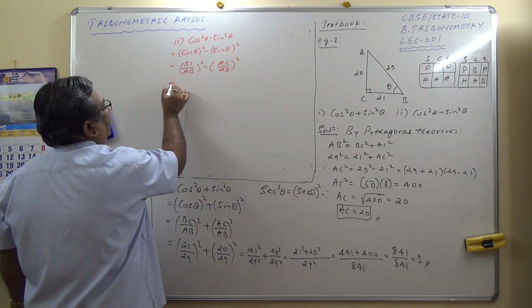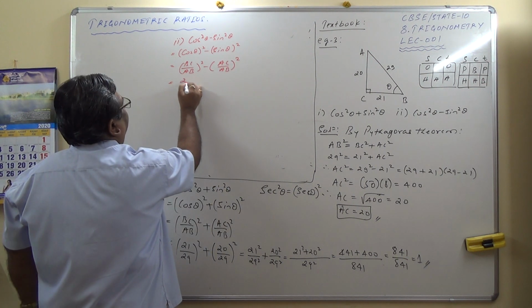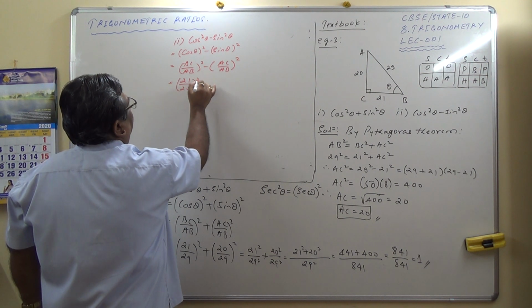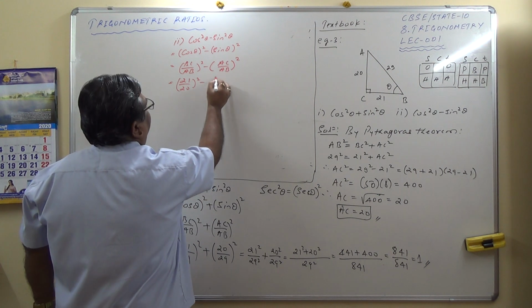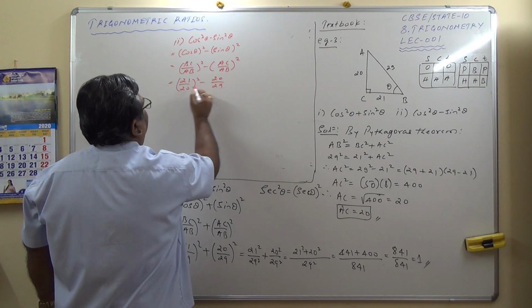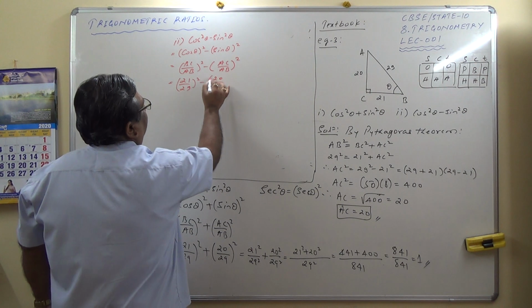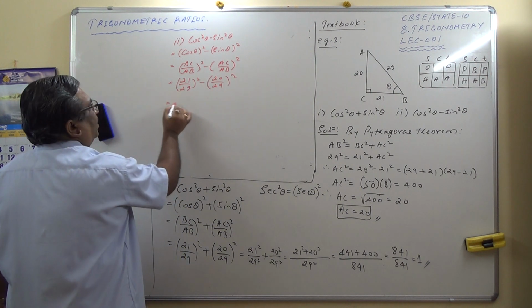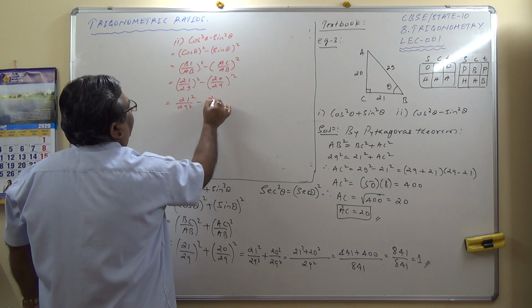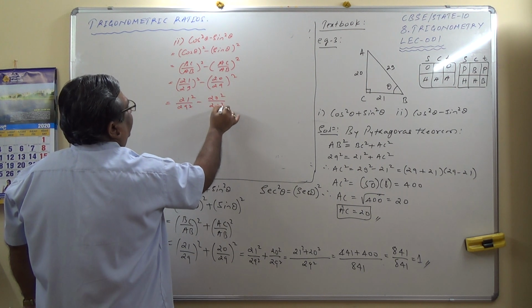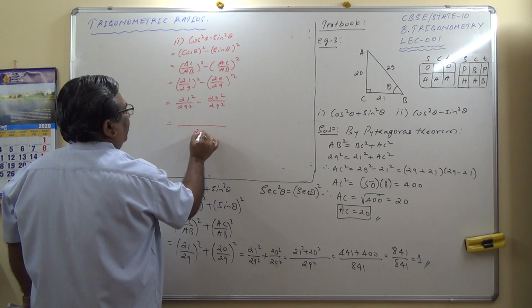So what is BC? 21 by 29 the whole square minus AC by AB, 20 by 29 the whole square, which is 21 square by 29 square minus 20 square divided by 29 square.